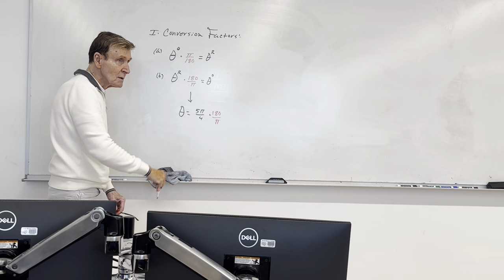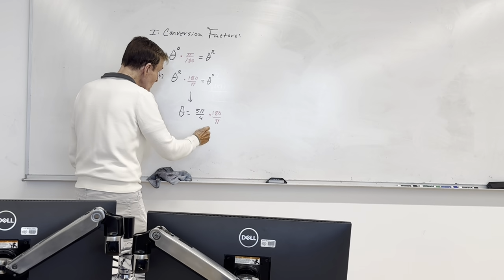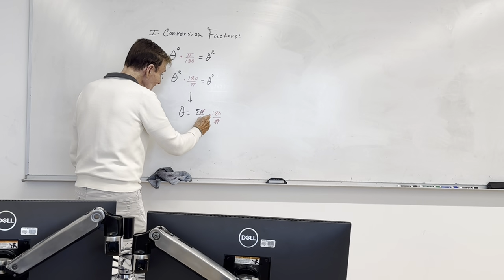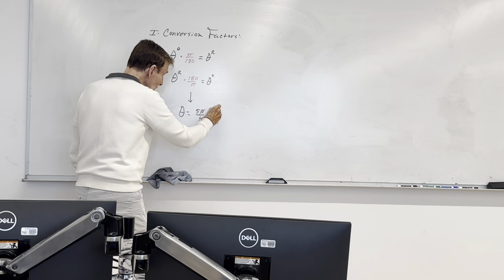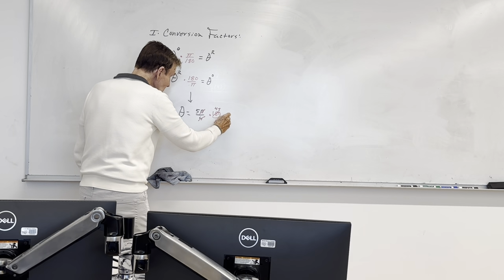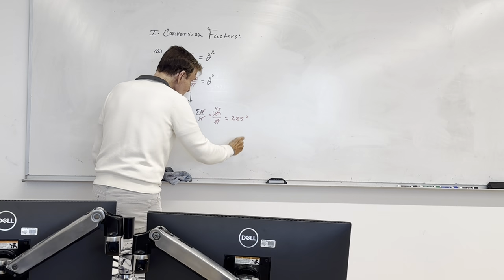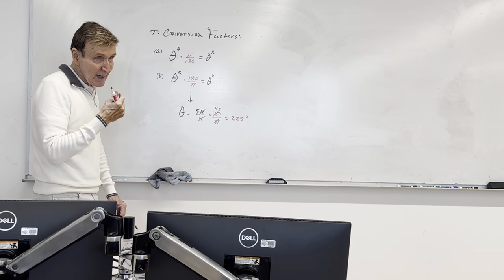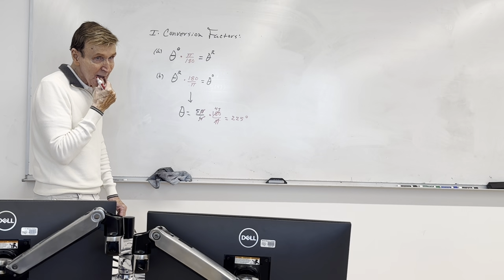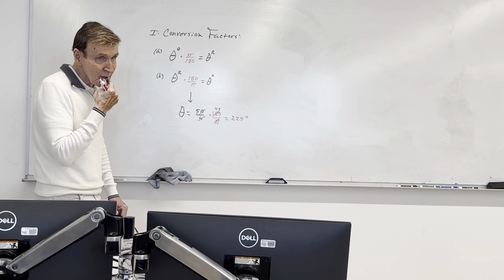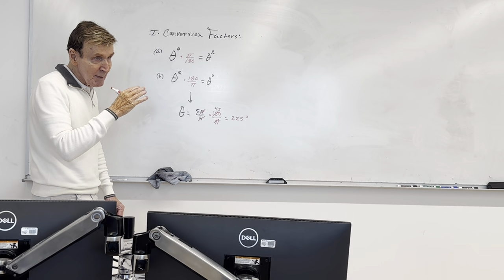True. And the pi's will cancel out. I think 4 goes into 180. Help me out. 45? And what's 5 times 45? 225 degrees. Now that a middle school kid will recognize. You're talking about an angle of size 225 degrees. Is that true? Now I don't have my circle on the board yet.